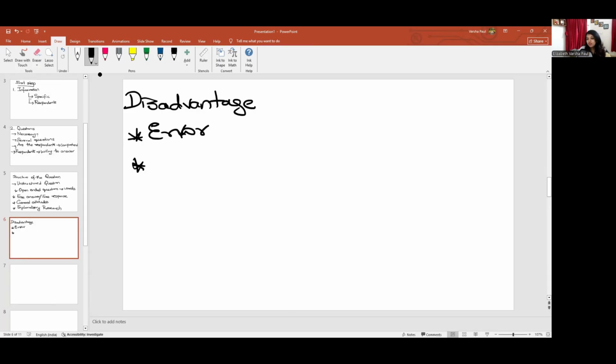The disadvantage of unstructured questions is first errors while recording data, when you enter the data, especially coding of the data. And sometimes when you conduct a personal or telephonic interview, the recording becomes an issue, the recording skills. For example, it can be through word of mouth.